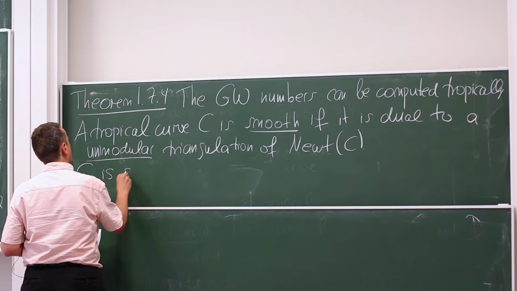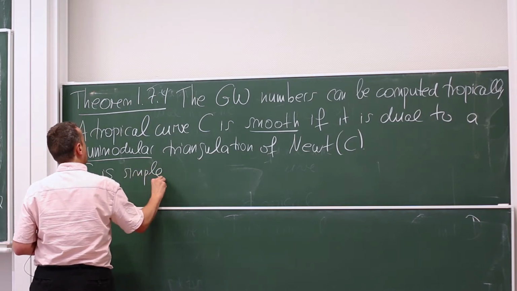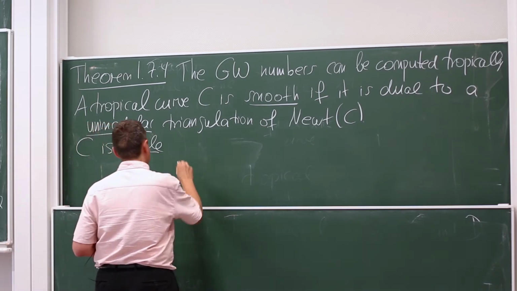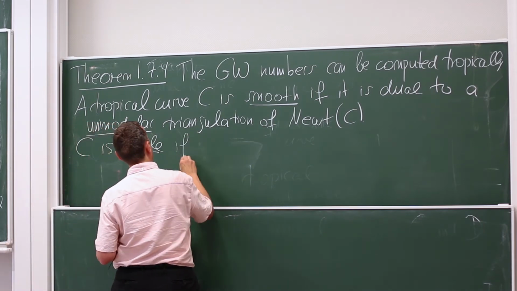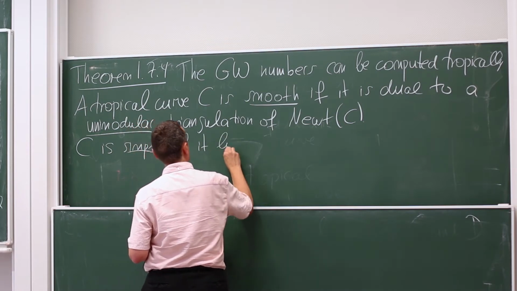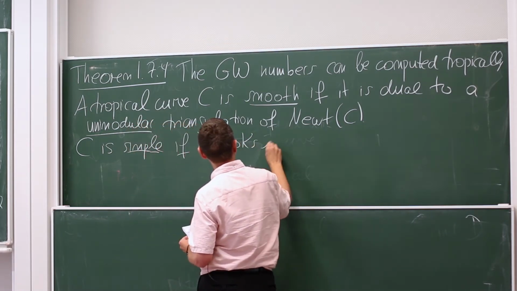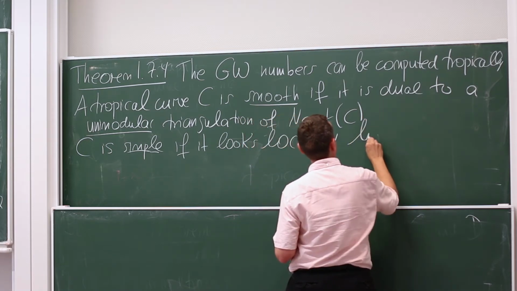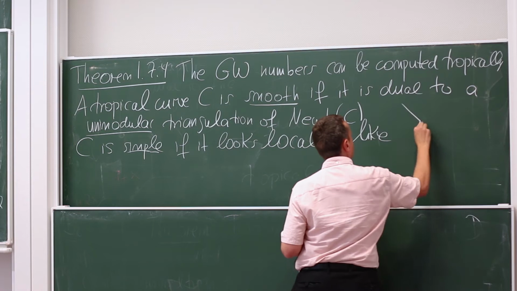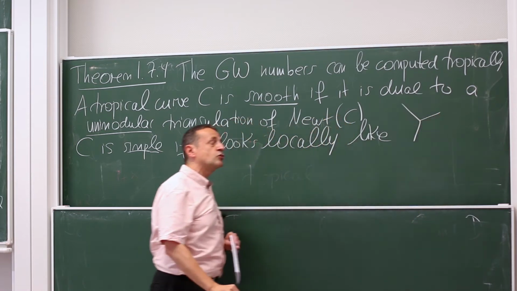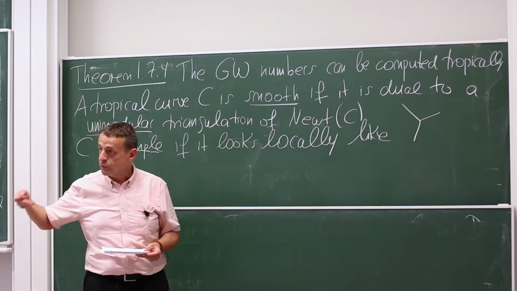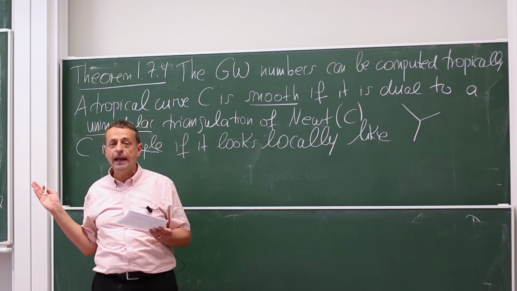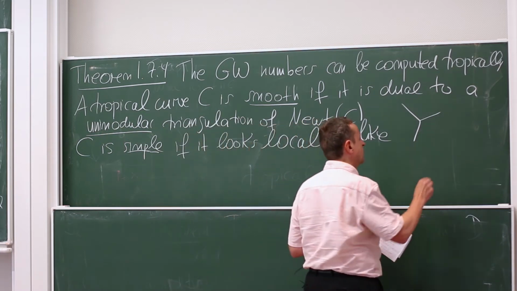I'm going to say the curve is simple if it's not quite smooth, but I allow some singularities. So a simple curve looks locally like this: at every node, either you see a trivalent node, dual to a triangle in the subdivision, but this could now be a big triangle, just any triangle, not necessarily unimodular.